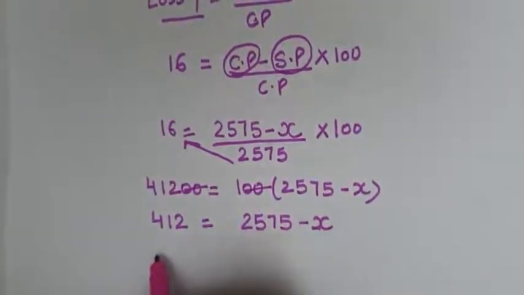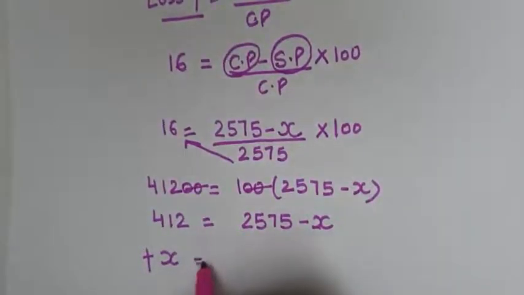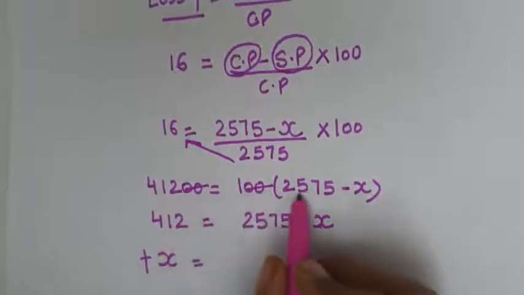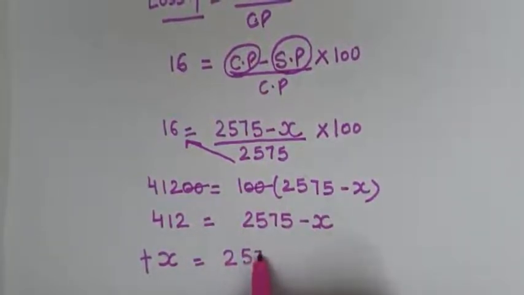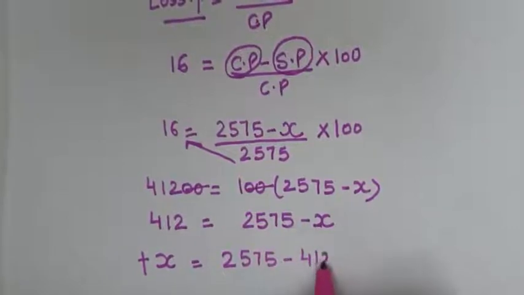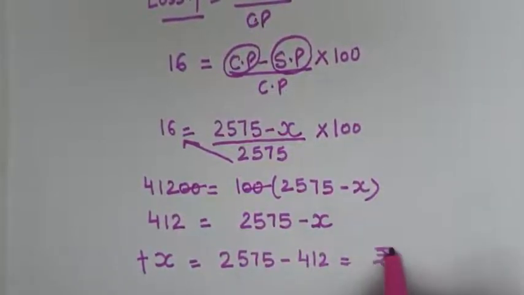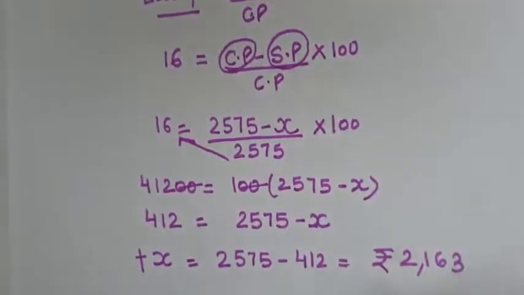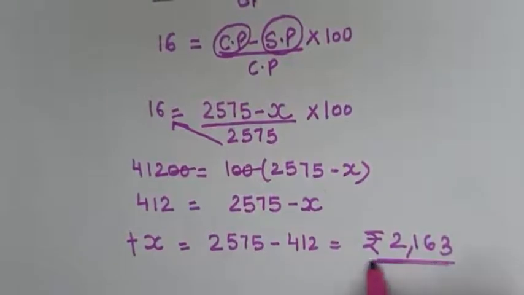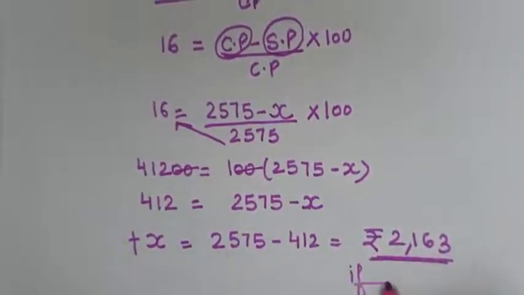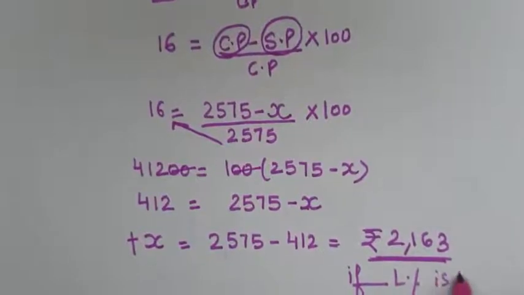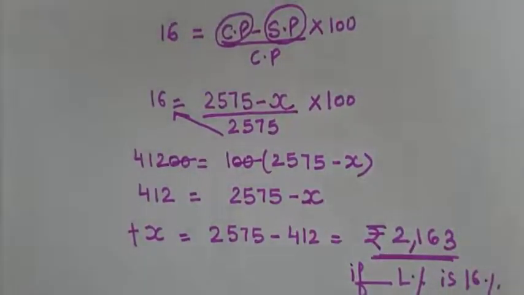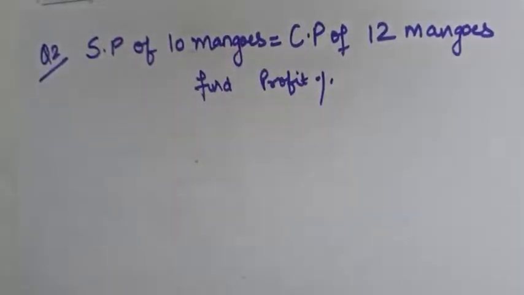So x we will shift to that side, it will become plus x, and 412 will shift to that side, it will get subtracted. So we get rupees 2,163, which is the selling price if the loss percent is 16%. Clear, children?